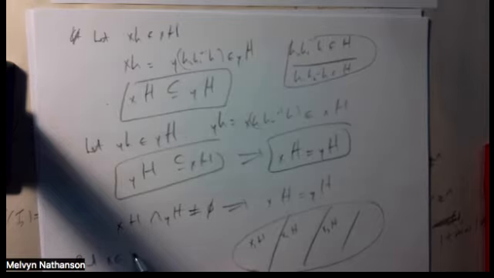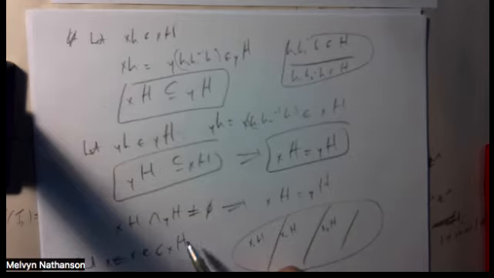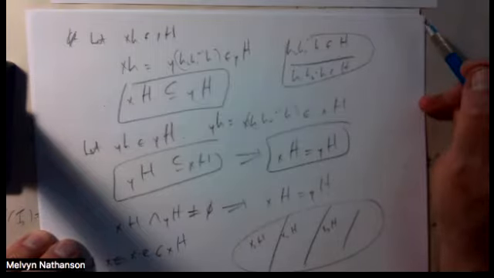If these are the different left cosets, they have no elements in common. But if you take any element x, x is certainly x times the identity, which is in the left coset xH. So every element is in some left coset. So these left cosets partition the group. That means they divide it up into non-empty subsets that are not overlapping, have no elements in common.